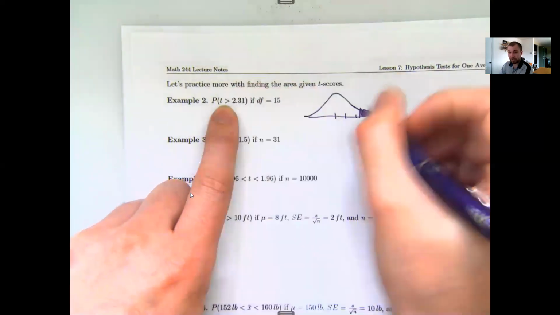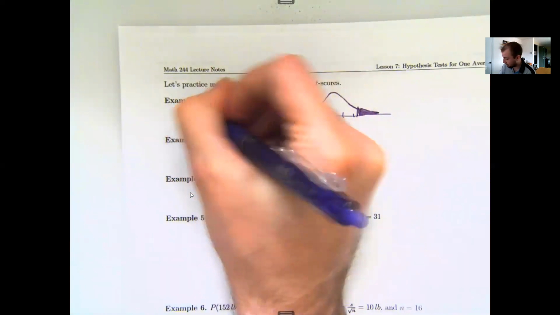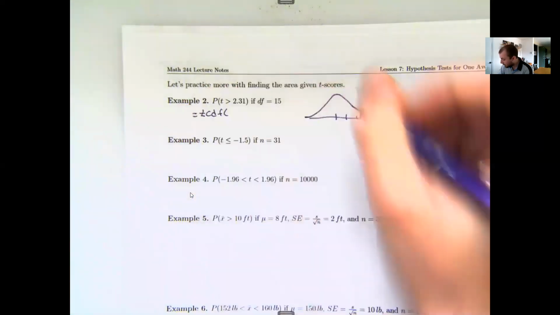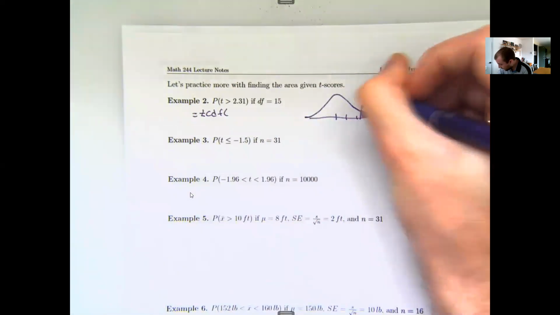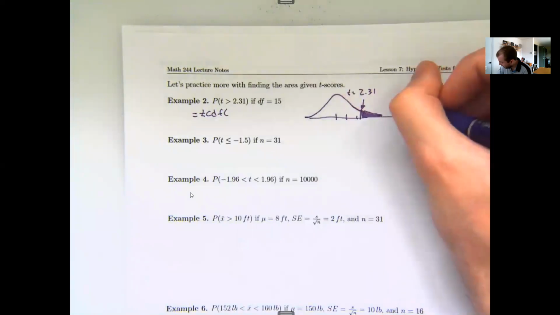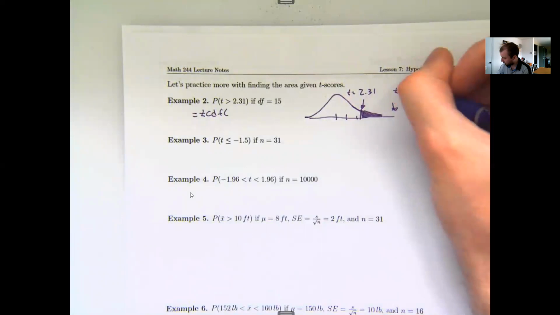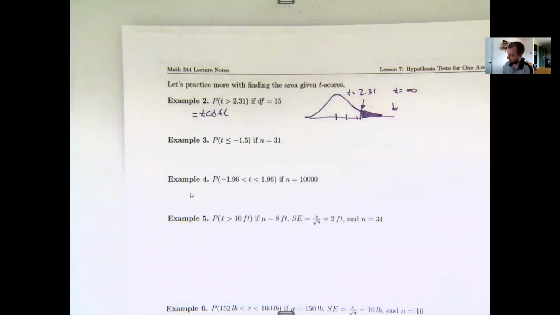Or more, so it's shaded to the right. This area, TCDF, looks like it starts at 2.31 as a t-score, and it keeps going on forever. The high value here looks like it goes towards positive infinity.